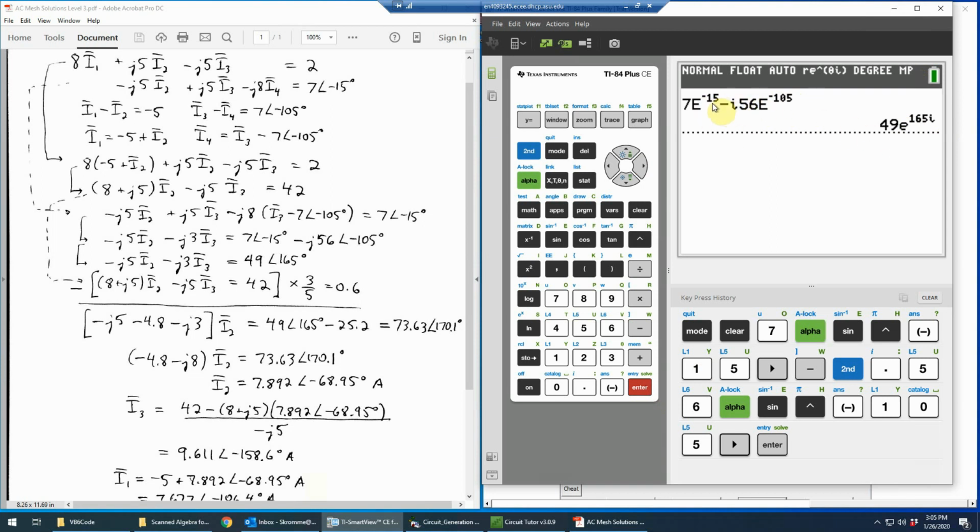So with the overall minus sign, it turns out to have a simple result of 49e to the 165i, which means 49 angle 165 degrees. Again, because I'm in the degree mode. You've got to be very careful about the mode you're using in the calculator. A lot of people make mistakes because they mix up degree and radian mode. That's the most common error probably that people make, that and missing parentheses. Okay, so I've written that here. So that's that formula simplified.